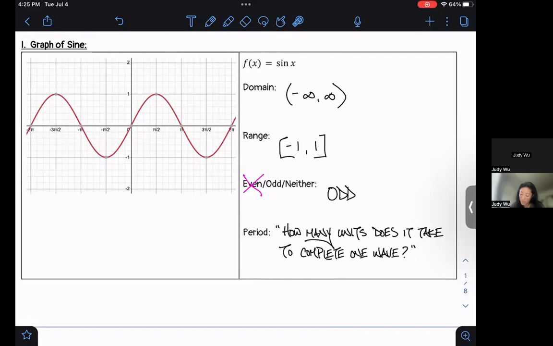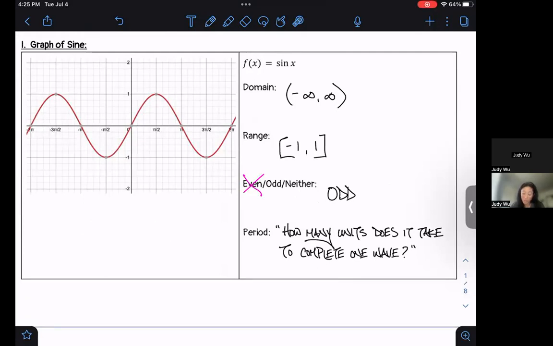wave means. Okay, so a wave isn't just like this. A wave is also not just this, but a wave has to have all of the y values there.